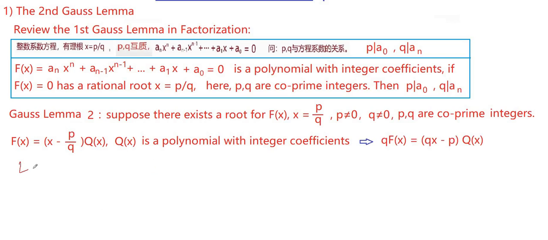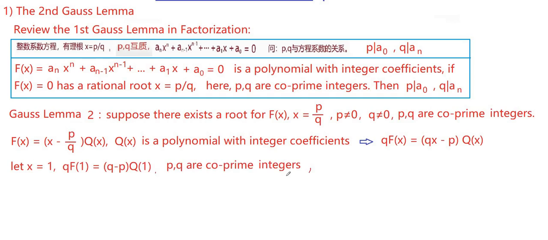If we let x equal to 1, then we have q f(1) equal to (q minus p) g(1). Because p and q are co-prime integers, and g(1) is also an integer, then we get the conclusion that q minus p can divide f(1).